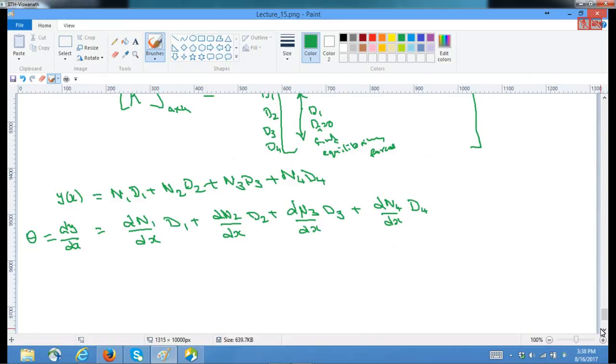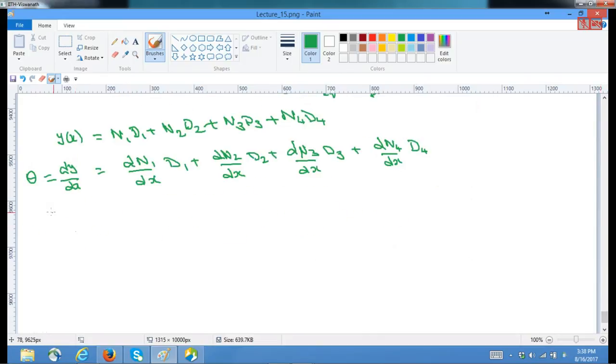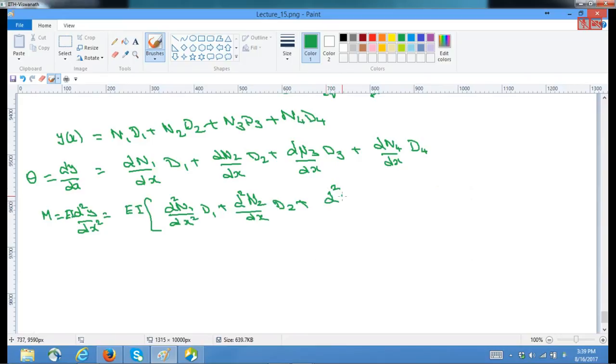Correspondingly, my bending moment M is equal to EI times d square y by dx square, that will be EI into d2N1 by dx2 D1 plus d2N2 by dx2 D2 plus d2N3 by dx2 D3 plus d2N4 by dx2 D4.